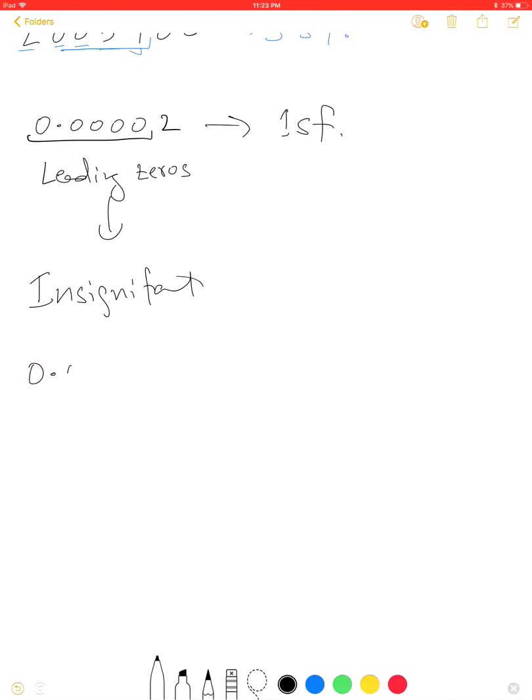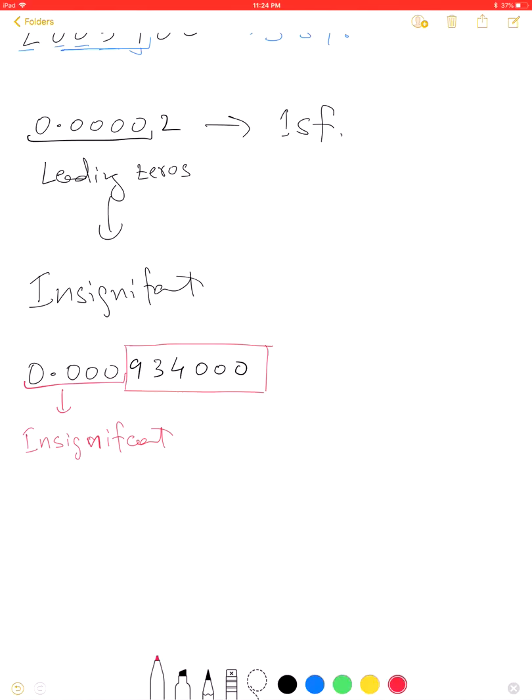So if I give you a number like 0.000934000, all these leading digits are insignificant. Like I said, all leading zeros are to be considered insignificant. However, in a decimal, all the trailing zeros, meaning all the zeros that come after a non-zero digit, are to be considered significant. So this number contains 1, 2, 3, 4, 5, 6 significant figures.